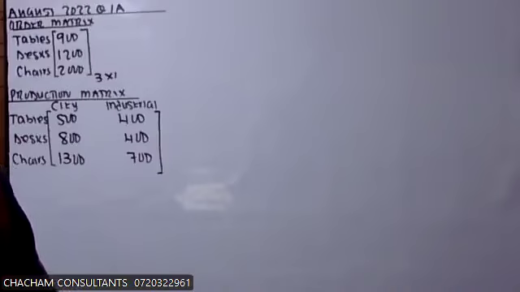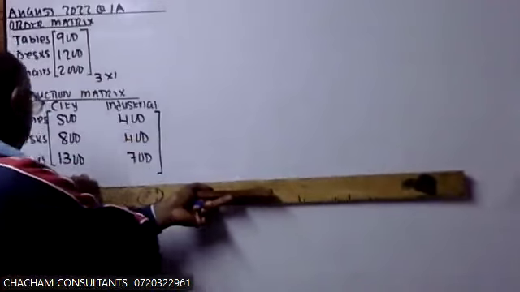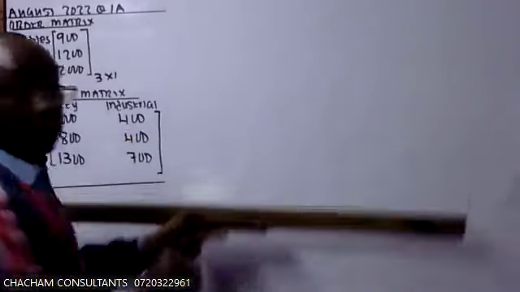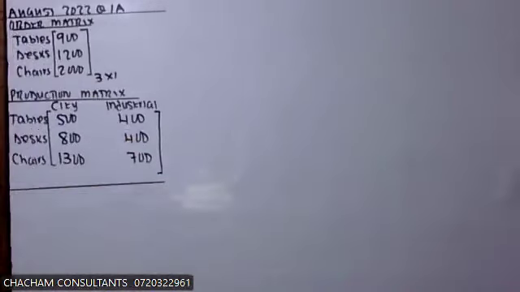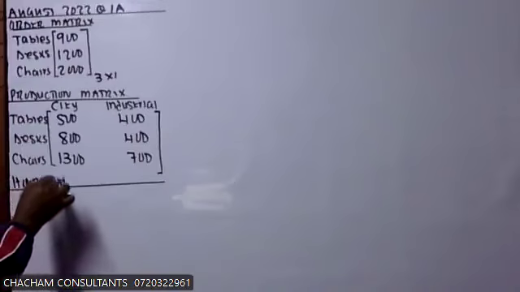Now, production of each table requires 3 hours. So the hours: we need to create a matrix of hours per unit.